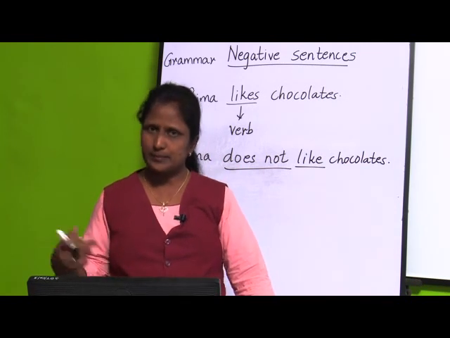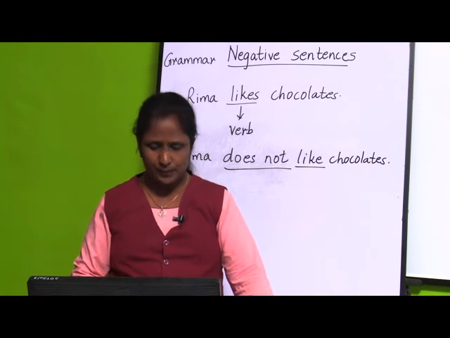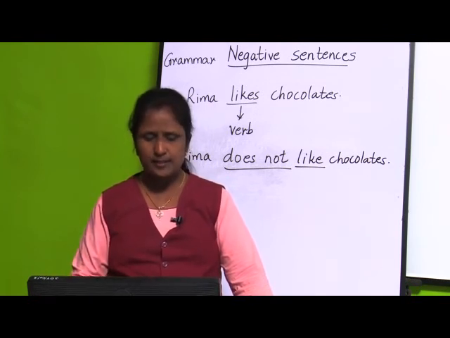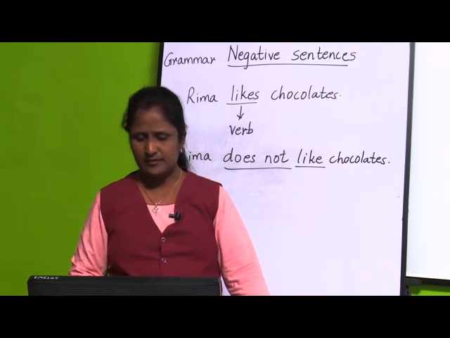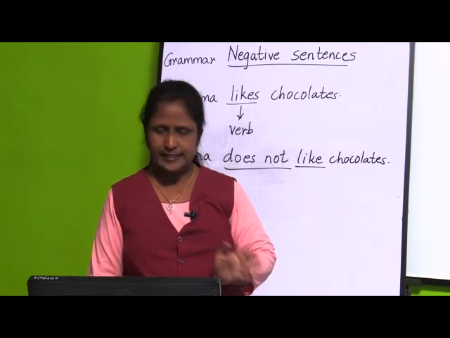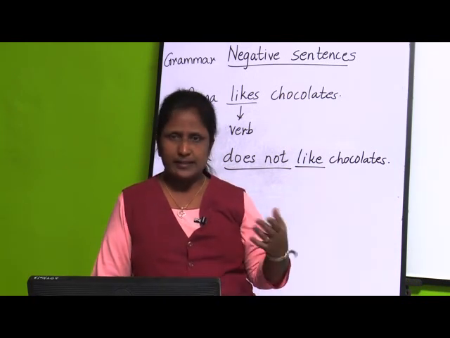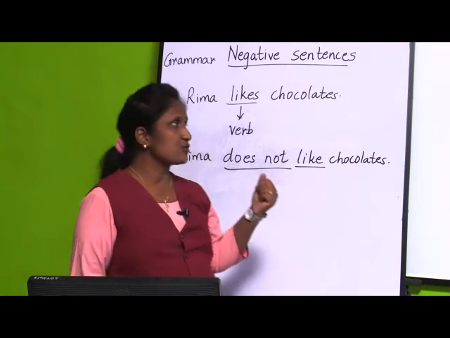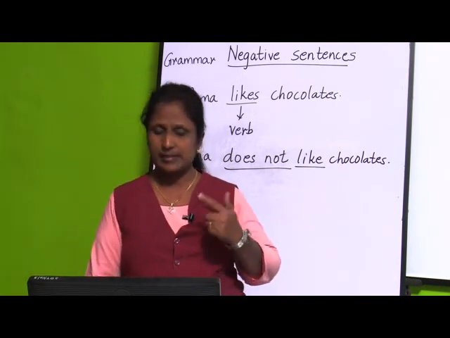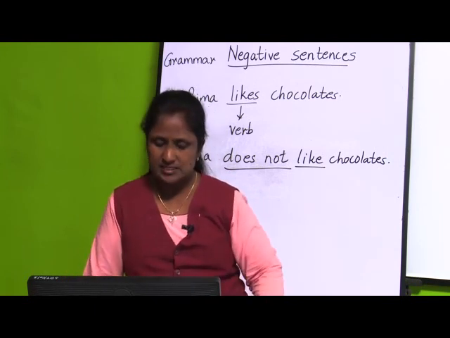But if you are using the other pronouns like he, she, it or other singular subjects, then we use does not. He does not go to school, she does not like to watch movies, it does not take time. For all these pronouns we use does not. So in this way you will be forming the negative sentence.